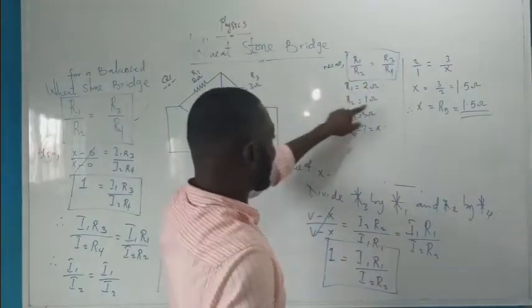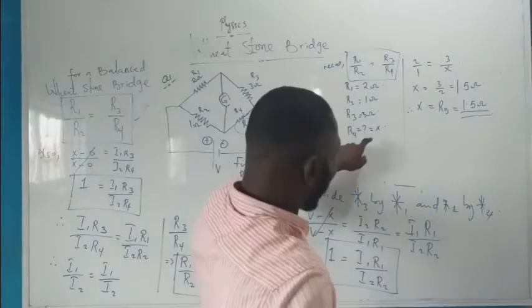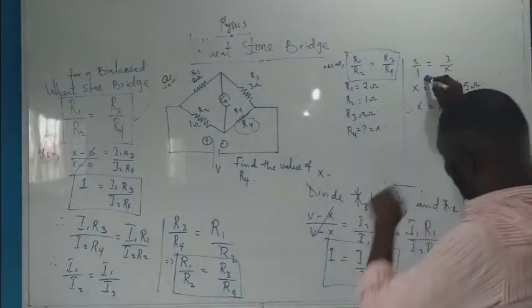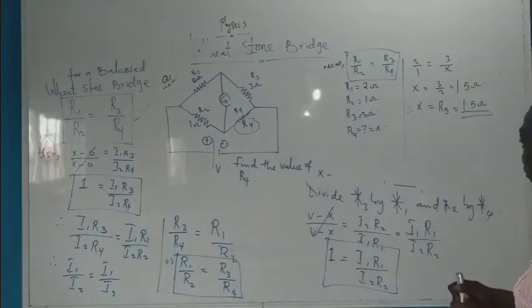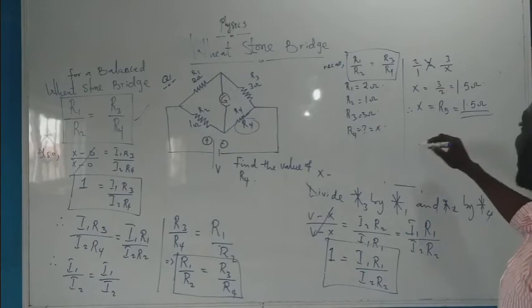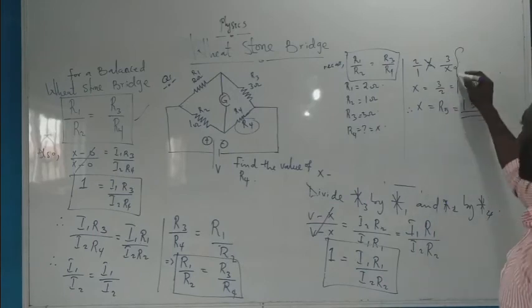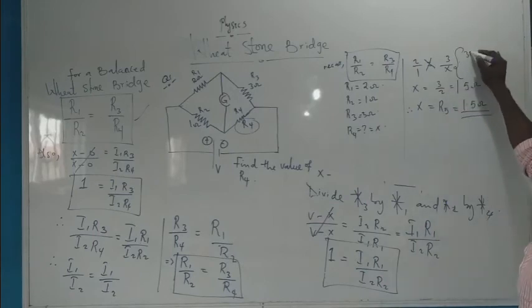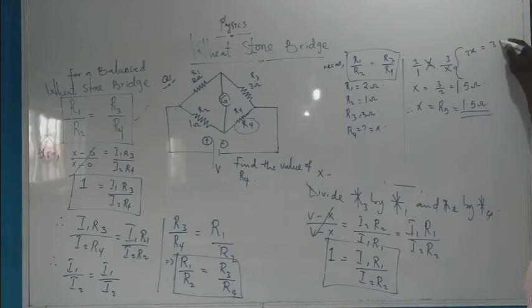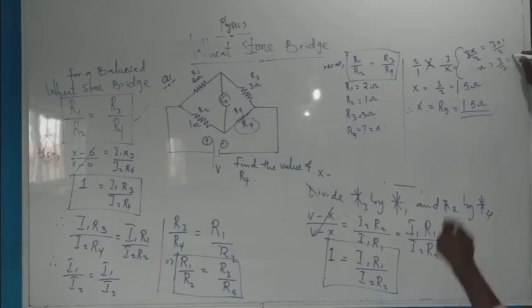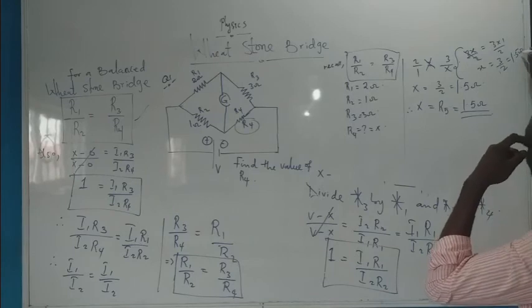R1 is this, R2 is this, this is R3, R4 is unknown. So that's 2 over 1 equals 3 over X. You cross multiply, that will give us 2X equals 3 times 1. Divide through by this and this will go. X equals 3 over 2, which is 1.5 ohms.